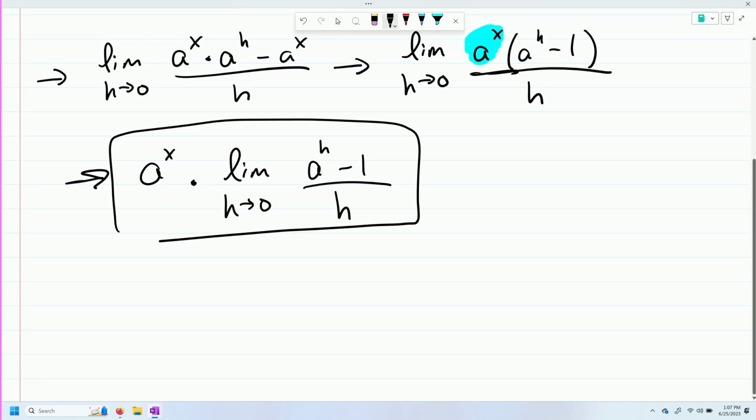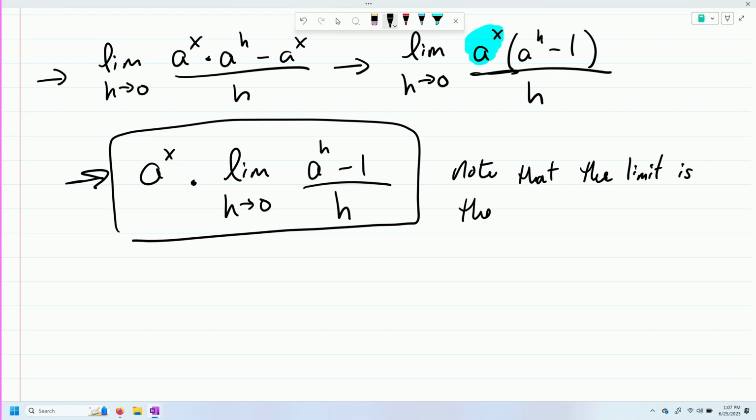So basically you have this right here. And I know it looks a little weird at first, but the thing we have to remember is the limit is the value of the derivative of f at 0.